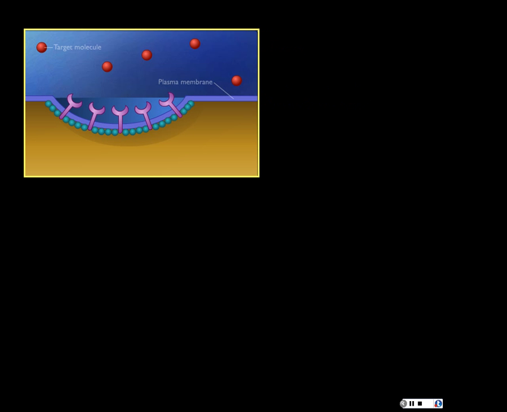So we can look at the image in your handout. You can see a cell membrane. You can see a little indentation. But we notice that the membrane is not so plain. There's some receptors here. What color are the receptors? The purple things. The green things regulate the process.